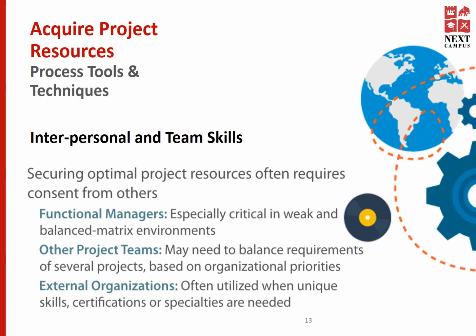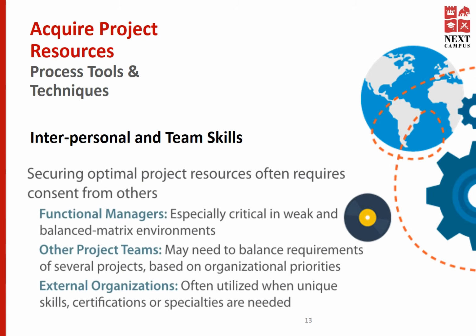Functional managers might be involved in your project environment, especially critical in weak and balanced matrix environments. In such organizations, the functional management plays a dominant role. Therefore, the project manager has to negotiate and discuss the resource options with the functional management.